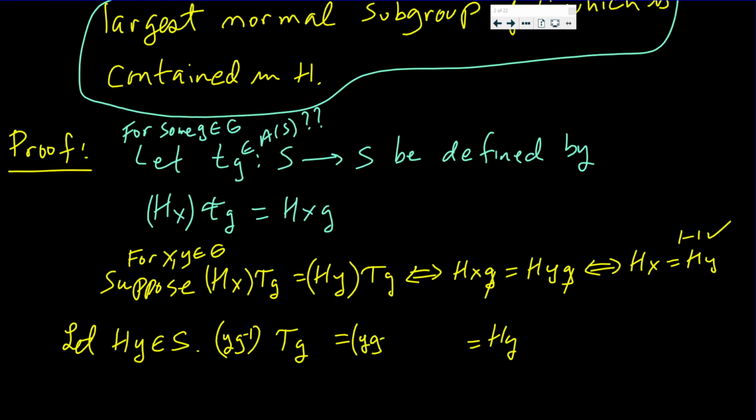That's going to be Hyg inverse times g. Associative law, this is y times g inverse g, which is y times e, which is y. So we do have onto.